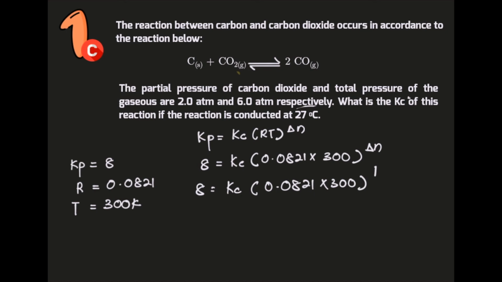You should be able to get your Kc equivalent to 8 divided by 24.63. So you will get your Kc equivalent to 0.3248. So this is the final answer for question 1C.